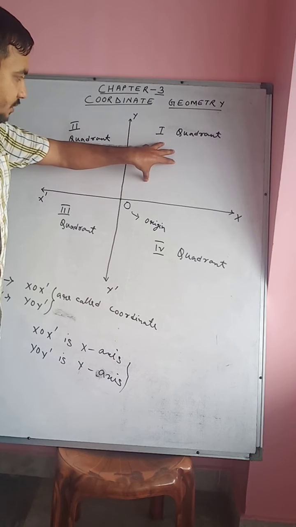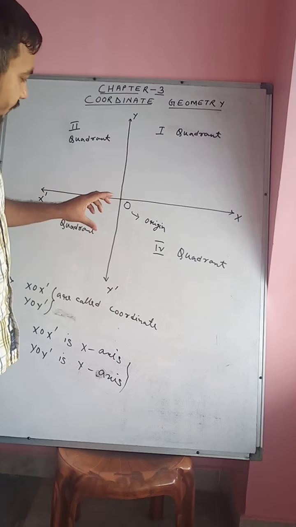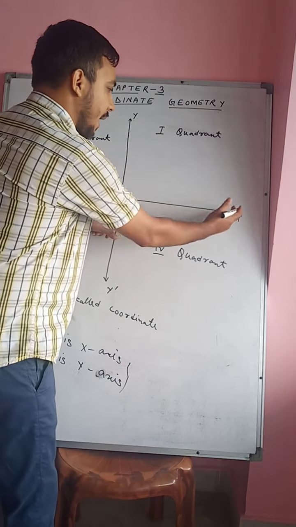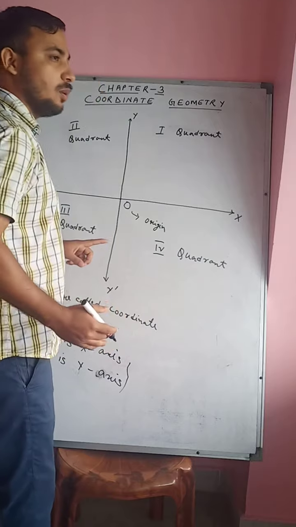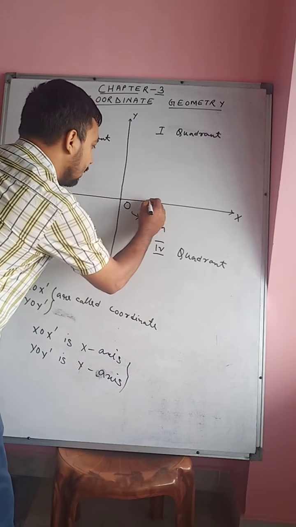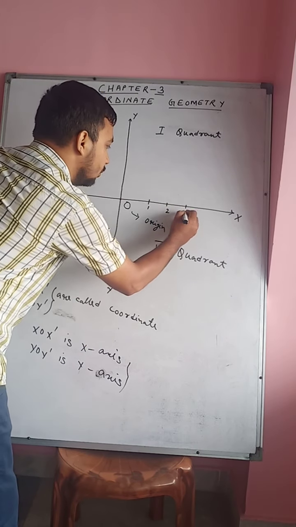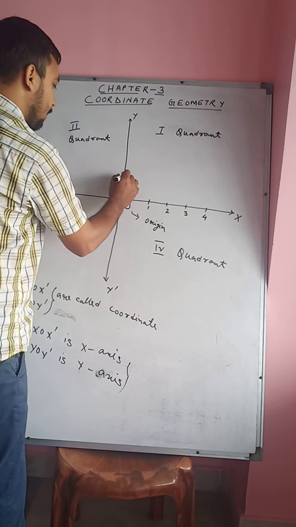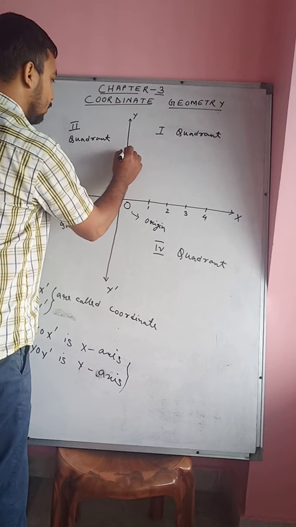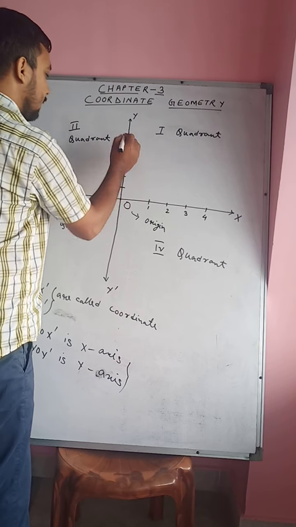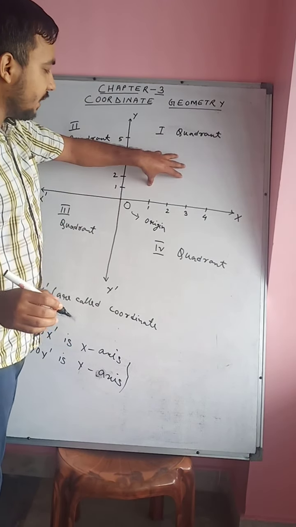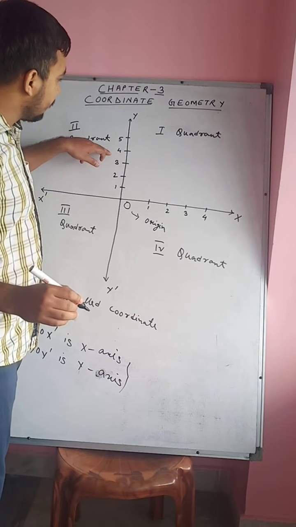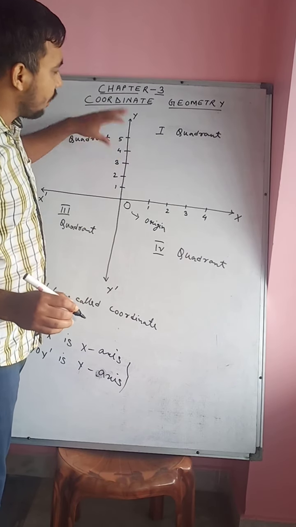Now in the first quadrant, this is the origin, and on the right hand side of the origin we always take positive values: 1, 2, 3, 4. Here we also take only positive values 1, 2, 3, 4, 5. In this quadrant the values of y are also all positive.